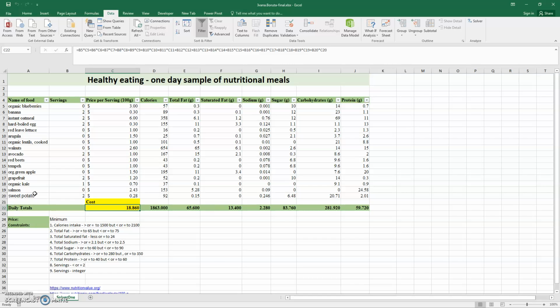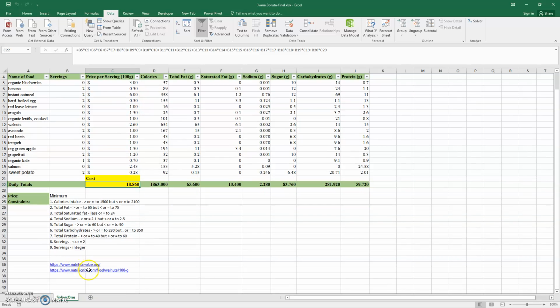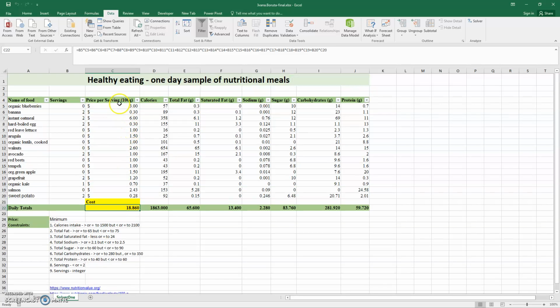I decided to choose another website, nutritionnext.com, besides this one, to find out how many calories and how much total fat, including saturated fat, and sodium, sugar, carbohydrates, and protein is in 100 grams of servings of each of these chosen food items.